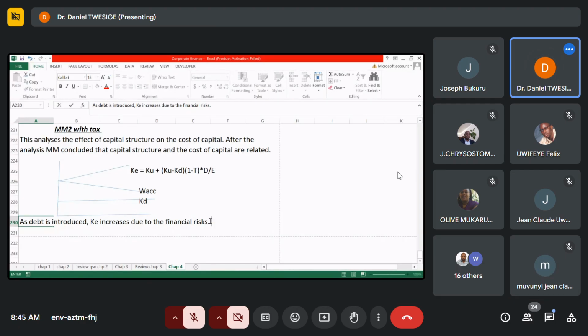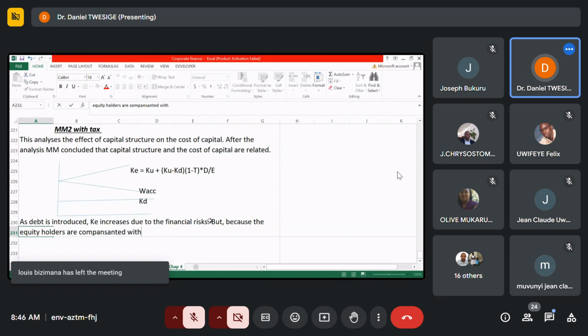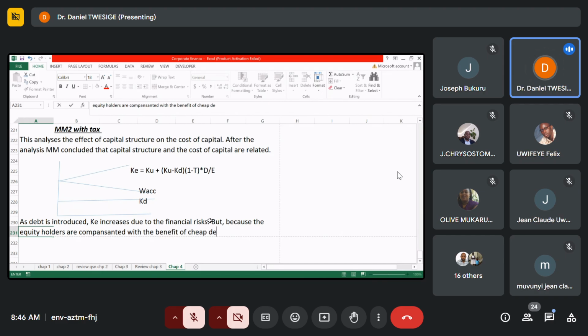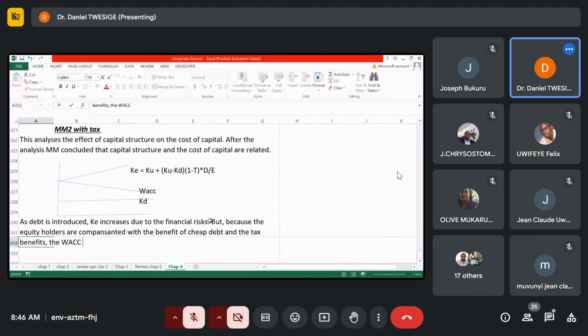But because the equity holders are compensated with the benefit of cheap debt and tax benefit, the WACC decreases.